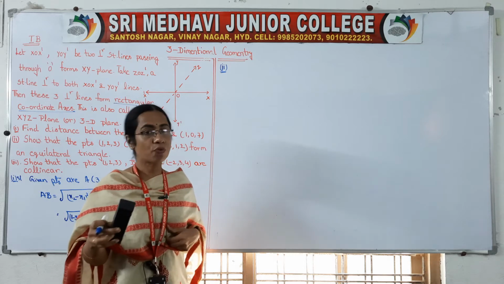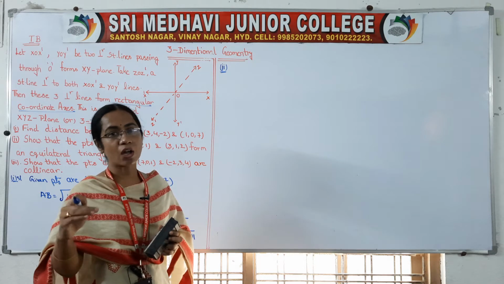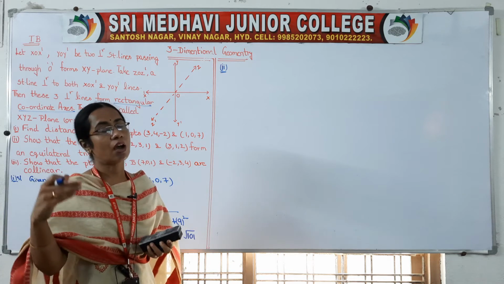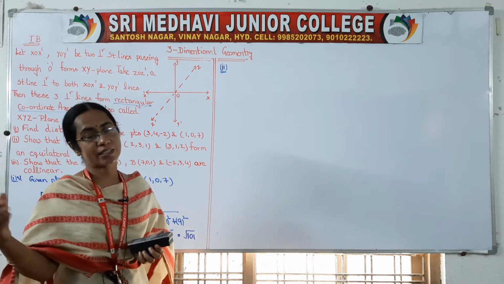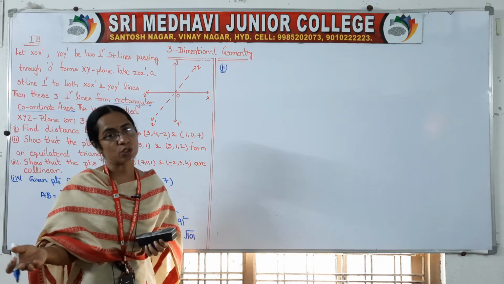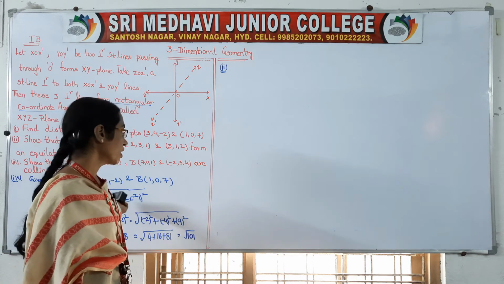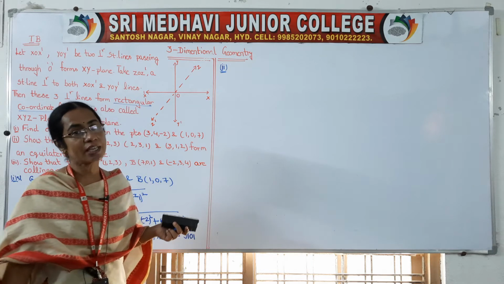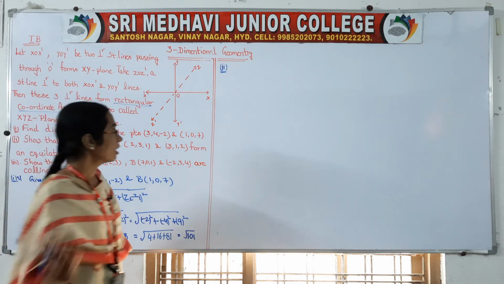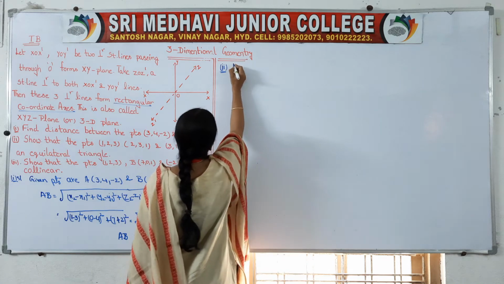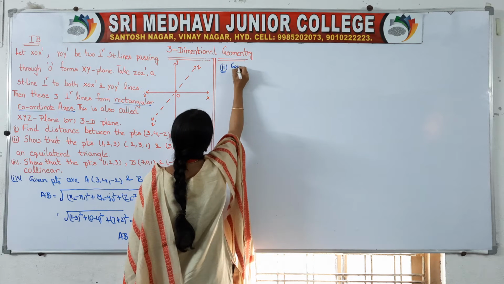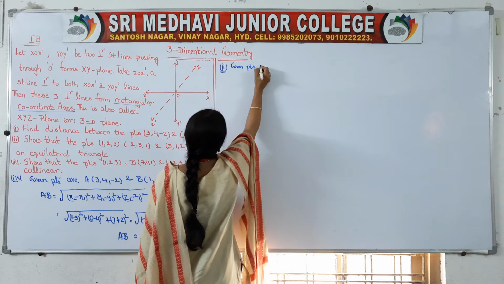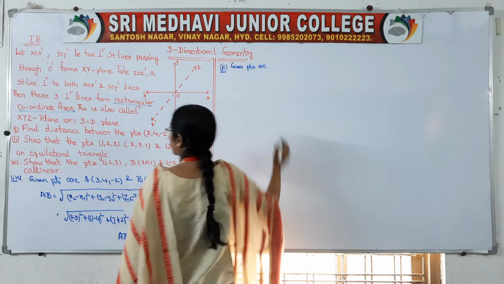That means we can prove it in 2 ways. We can prove all angles are 60, 60, 60. Or we can prove all sides AB, BC, CA are equal, then also it is equilateral. So here we got 3 points, so we can easily find the length of the sides of the triangle. So what are the given points?